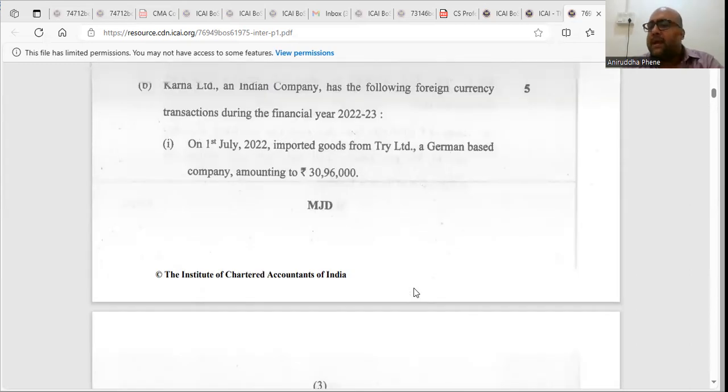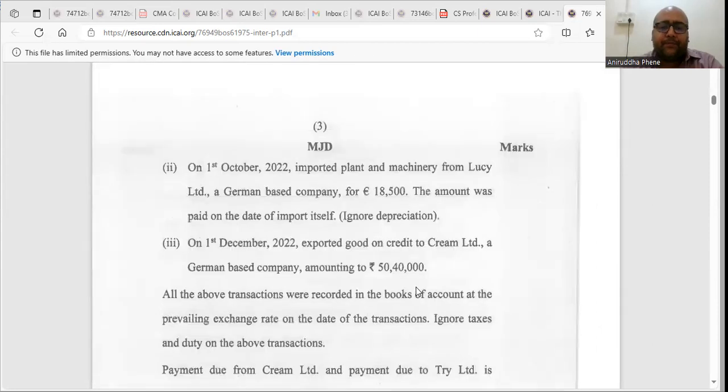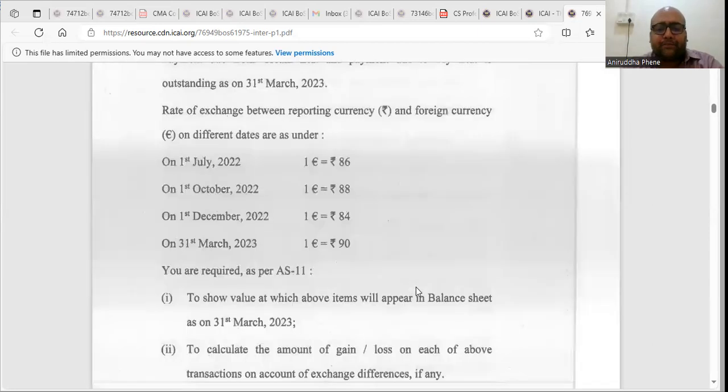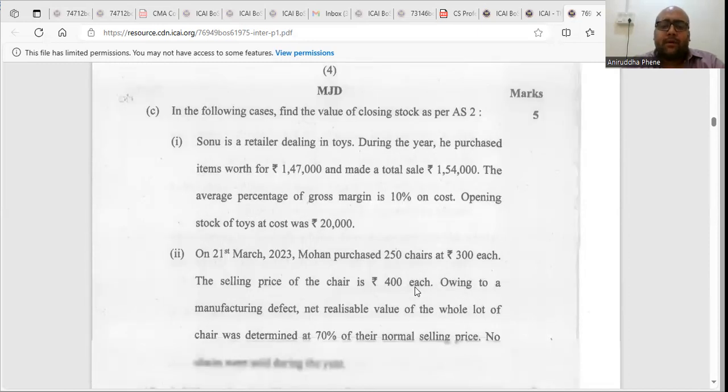So again, a basic AS11 question, calculating profit and loss. So obviously accounting standards are very important, and obviously in the new syllabus, the more focus is on the accounting standards only. So institute has increased their focus on standards, especially in final. If you see, it is only Ind AS.